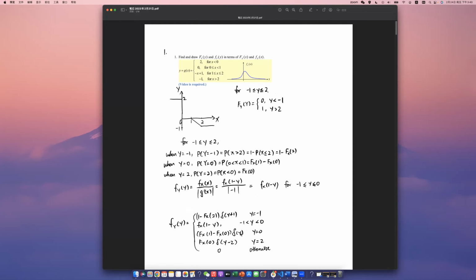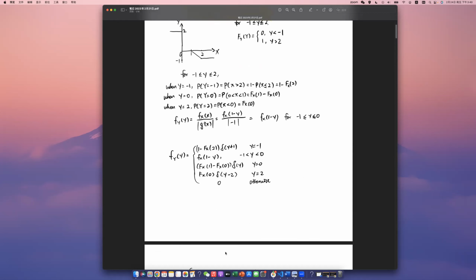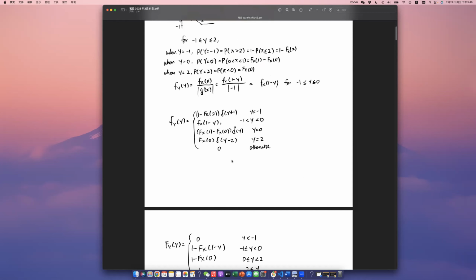And for y equals 0, it should be this part, which is F_X(1) minus F_X(0), the area between x equals 1 and 0. And for y equals 2, it should be this part, and it is F_X(0) times the impulse function of y minus 2. And other places should be 0.